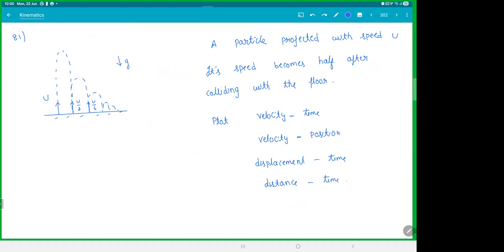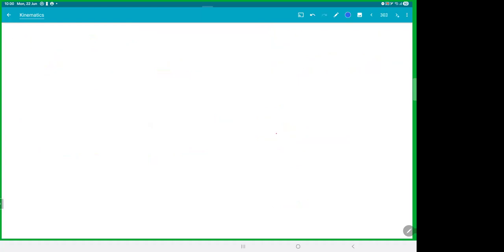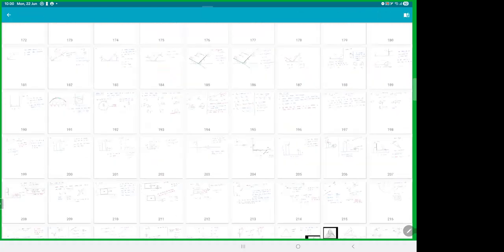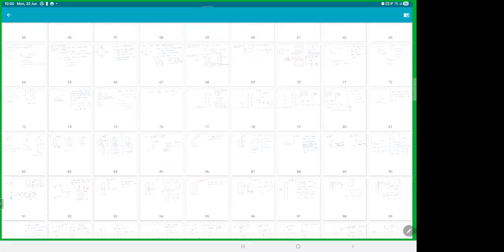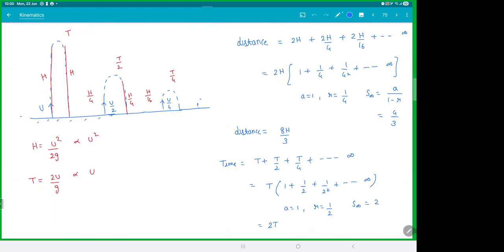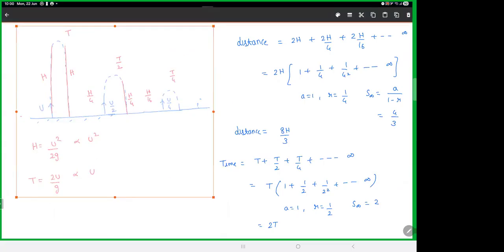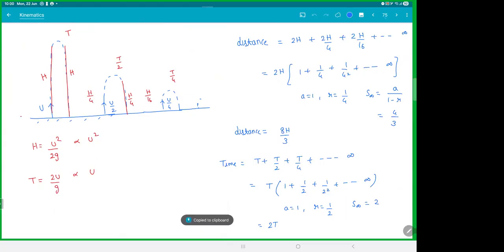So how to draw this graph? Let's see this. I'll just take it from here. If you remember, we got a constant time. The graph will wind up at 2t. You cannot go till infinity. So E is the answer.